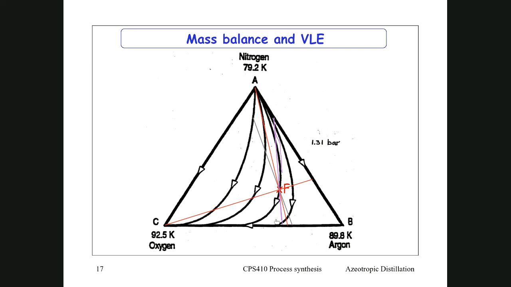If we take somewhere along this curve over here, or no, we can take this one where the purple is. If we take that point, we go through the feed. Can we cross that same residue curve? Yes, we can, over there. So this purple line represents a possible distillation column. This gray line is impossible. You can't get a distillation column that operates on that gray line.